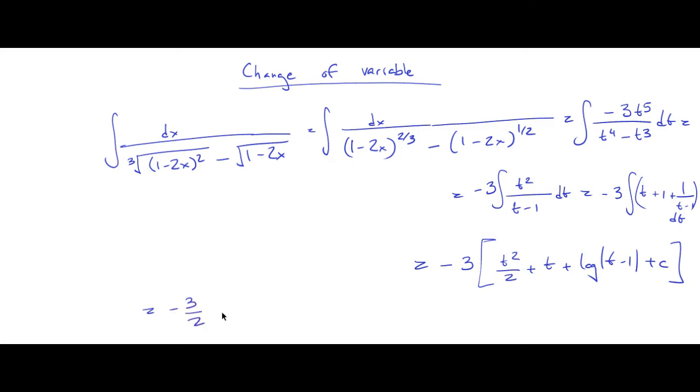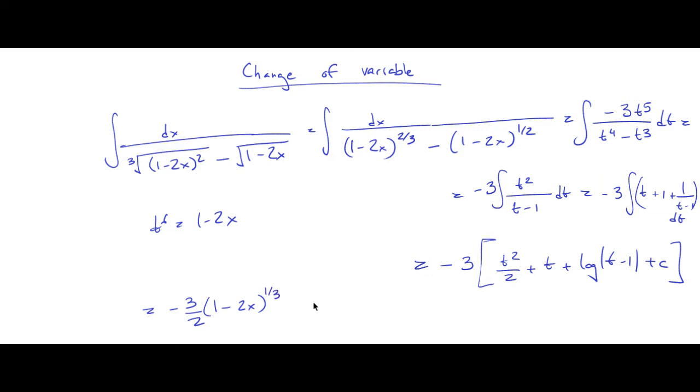Remember that t^6 was 1 minus 2x. So t squared is (1 minus 2x)^(2/6), or 1/3 if you want.